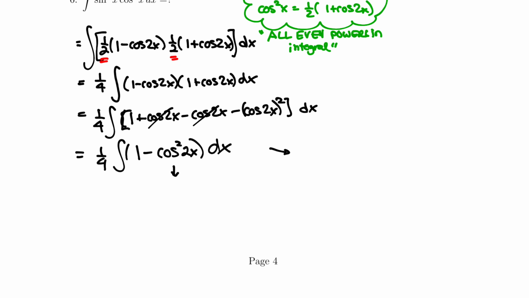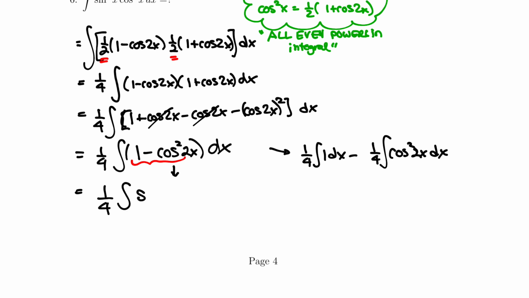You can divide this up into 2 integrals, 1 dx and then 1/4 cosine squared of 2x dx, and work with the cosine squared over there. Are you with me? Or, if you love trigonometry and you got that tattoo and it's ingrained, 1 minus cosine squared is just sine squared.